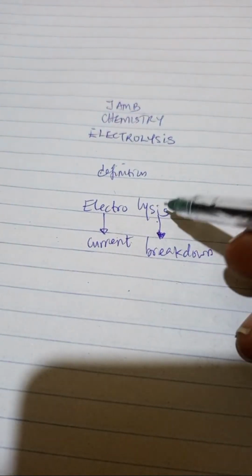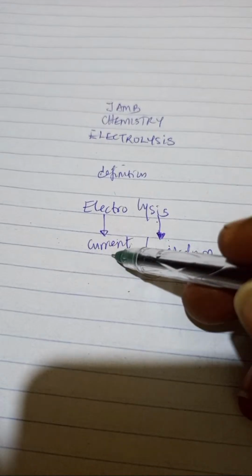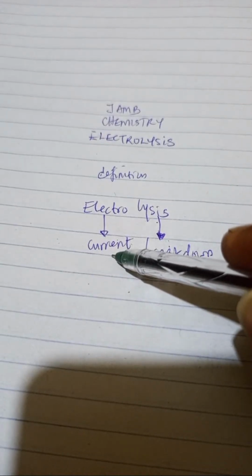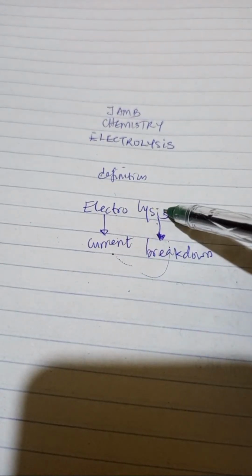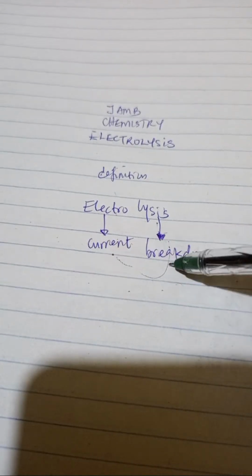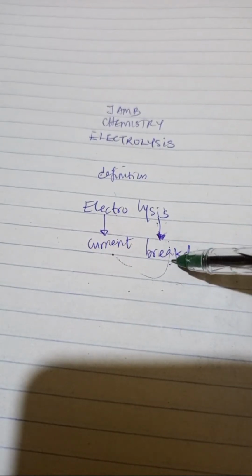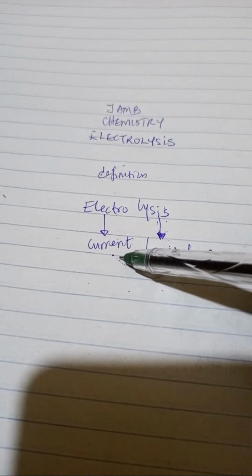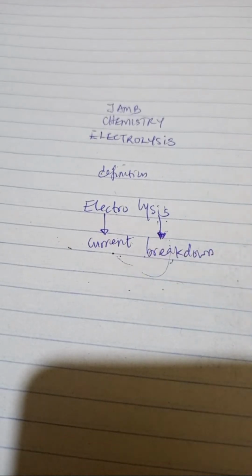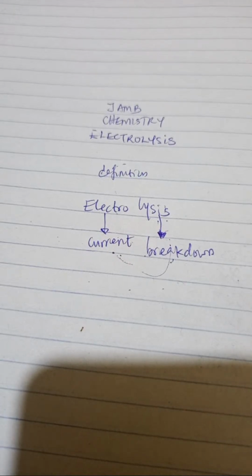So the act of using electric current to break down a compound into its component parts is what is called electrolysis. When the compound is broken down with the aid of electricity into its component parts, you say electrolysis has happened. There are some important things you need to understand: the cathode, the electrolyte, and things like that. I'm going to start with the first one, which is the electrolyte.